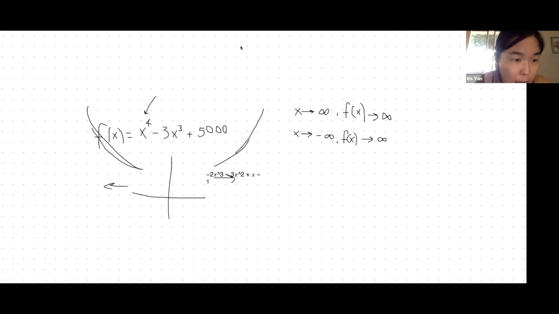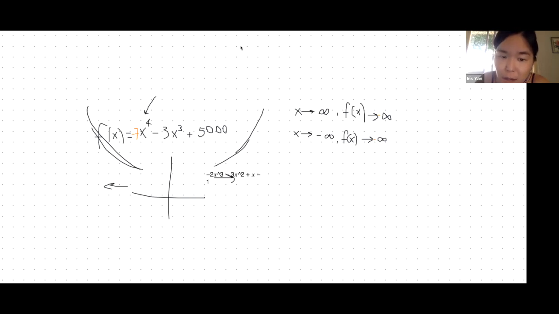However, if I change my function a little bit by multiplying the x to the fourth by -7, then everything changes, right? Now this is going to be negative and this is going to be negative. Do you see that? Because a -7 is going to bring this guy down.